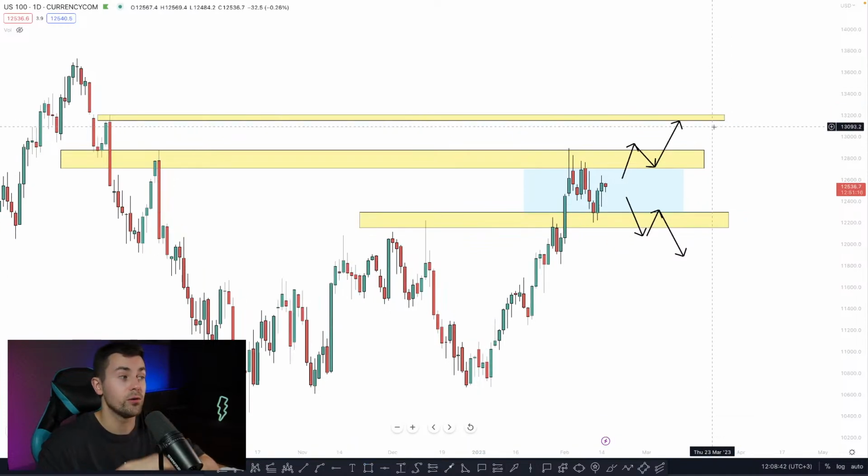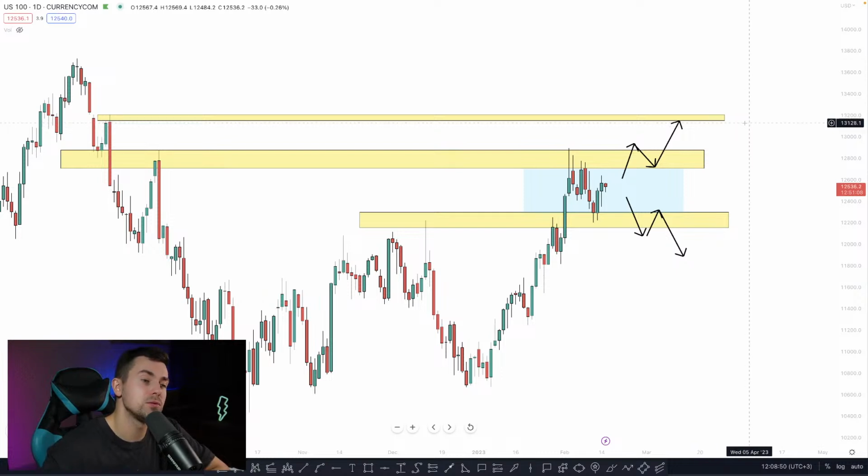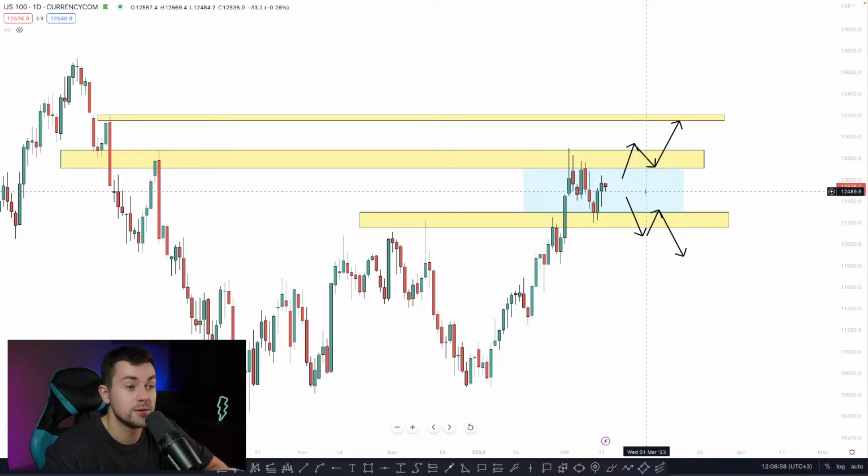So it is all about the breakout. And so far, it is hard to say how exactly the index will act. So far, I don't really like the price action within that range. It is quite chaotic. It doesn't look good to me. So for now, I would suggest staying away from trading the index and patiently waiting for the breakout of one of these boundaries. That would be a plan to follow.